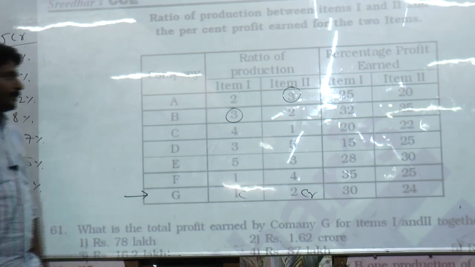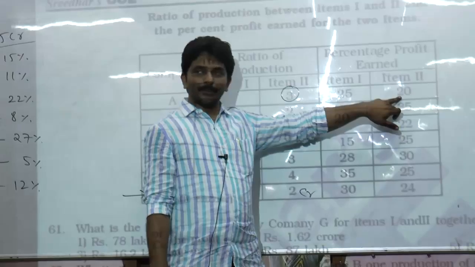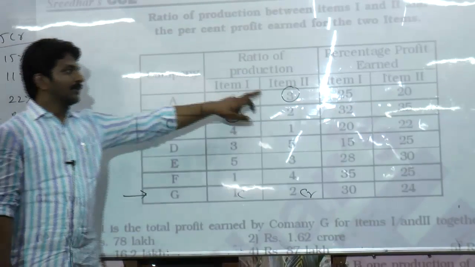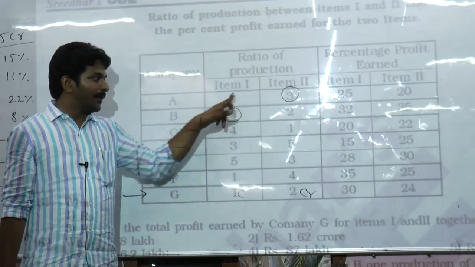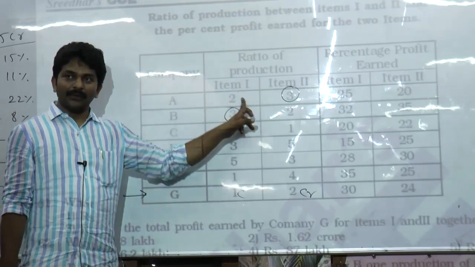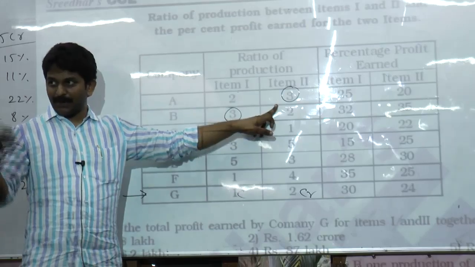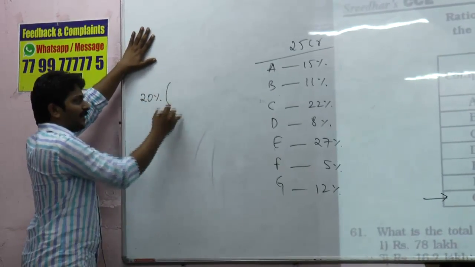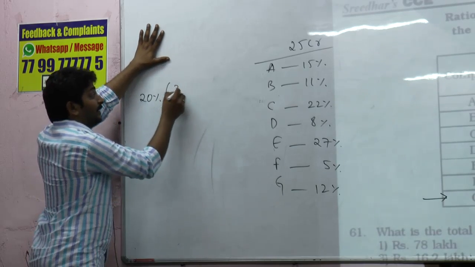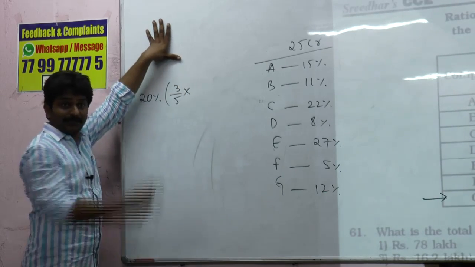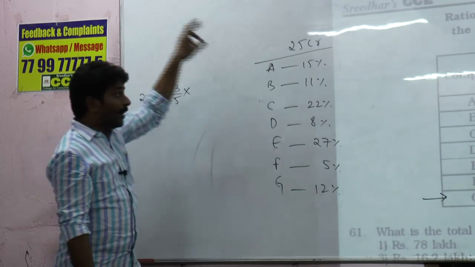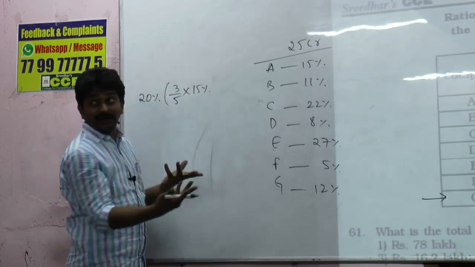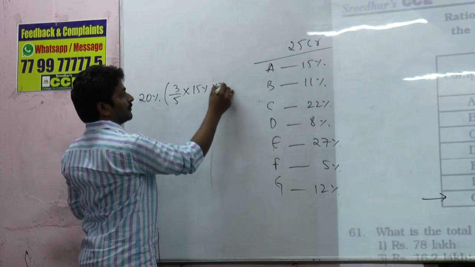Right. How much profit are you getting in item 2, company A? 20%. 20% of what? Price of item 2. How many parts do we have in total? 5. Out of 5 parts, item 2 occupies 3 parts. So I need to calculate 20% of 3 parts out of 5 parts among company A, which is 15%. 15% of what? 25 crores.